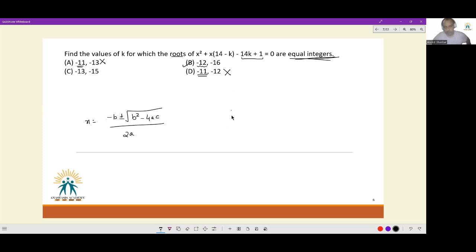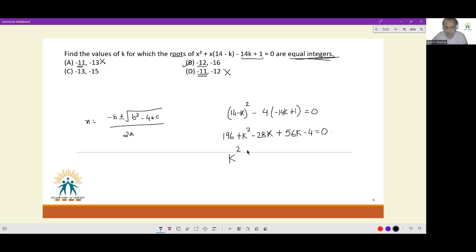So b square here is 15 minus k whole square, minus 4 times of a is 1 and c is minus 14k plus 1. This should be equal to 0. So open up, you get 196 plus k square minus 28k plus 56k minus 4 is equal to 0.